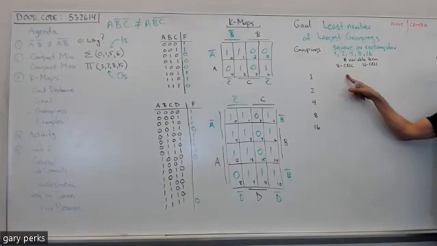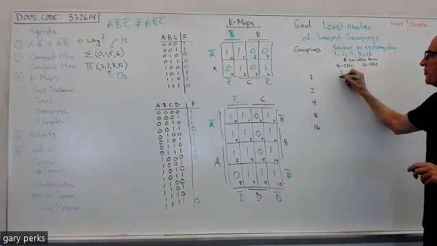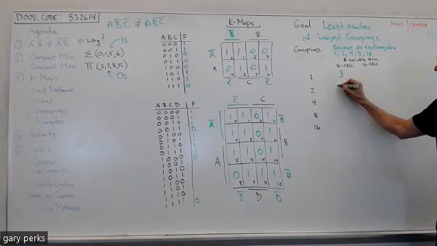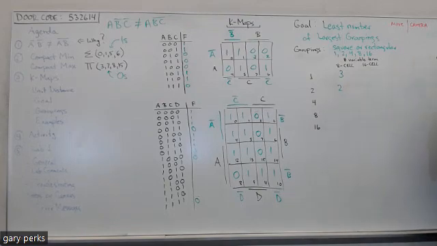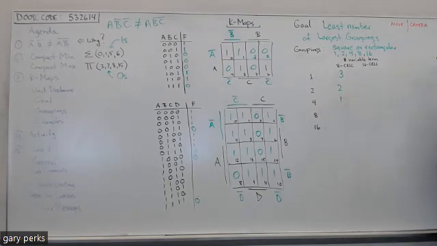But if you have an 8-cell K-map and you do a single grouping, you just group a 1 or a 0, that's going to give you a 3-variable term. If you do a grouping of 2, that's going to give you a 2-variable term. If you do a grouping of 4, it's going to give you a 1-variable term.